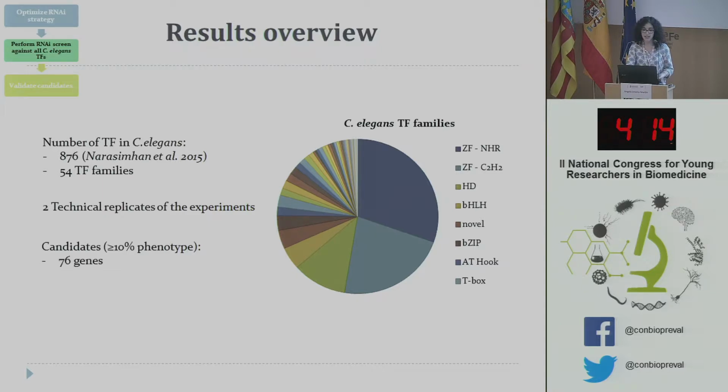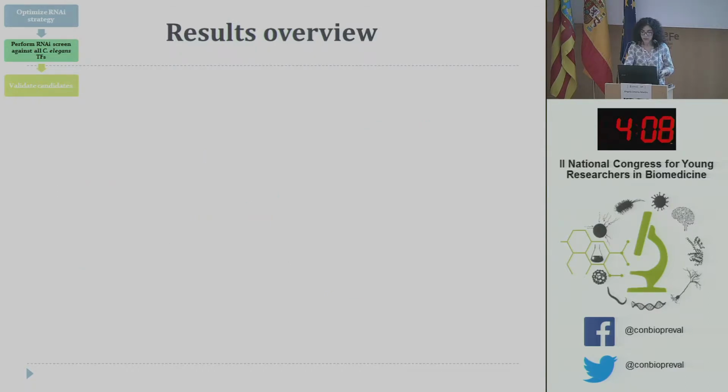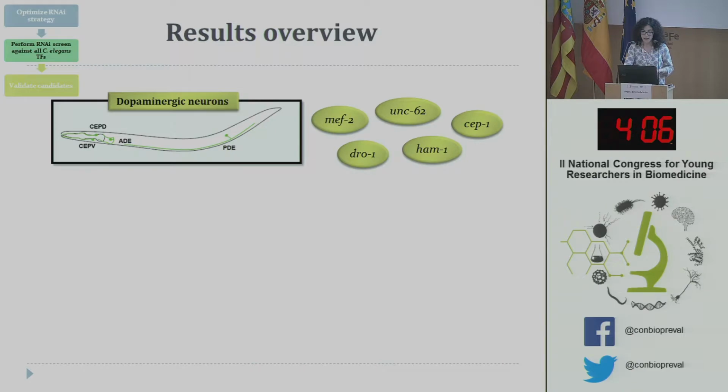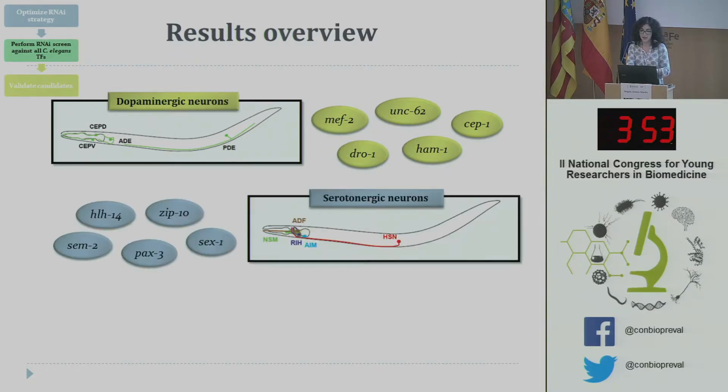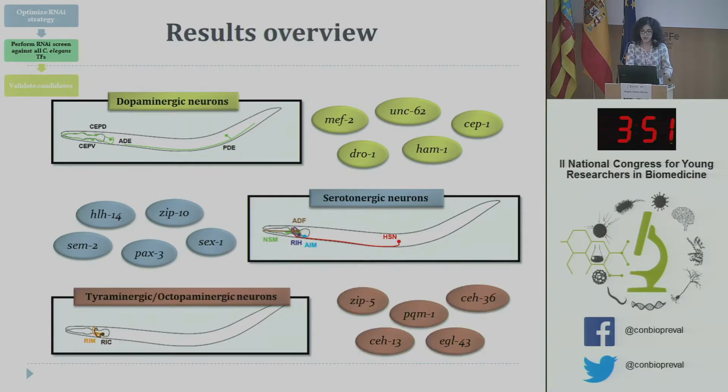That gave us 76 candidates. And now we need to validate the results, but we need to focus on the best candidates for each neuronal subtype. These would be the best 5 for the dopaminergic subtypes, this one for the serotonergic population, and those ones for the tyraminergic and octopaminergic neurons.